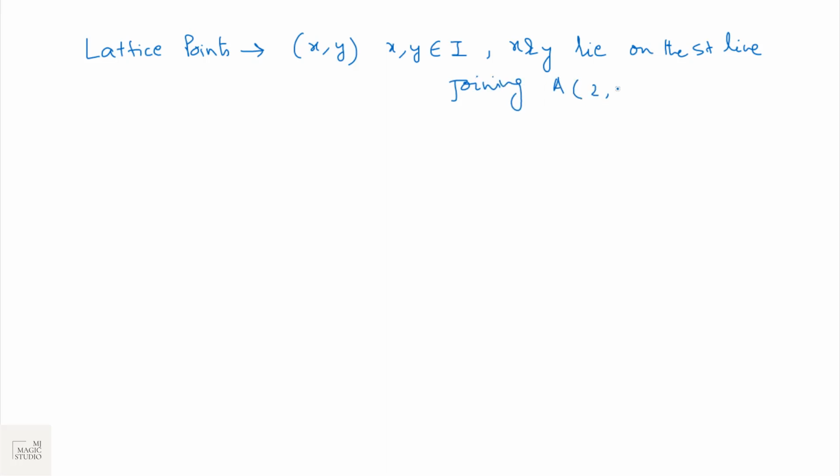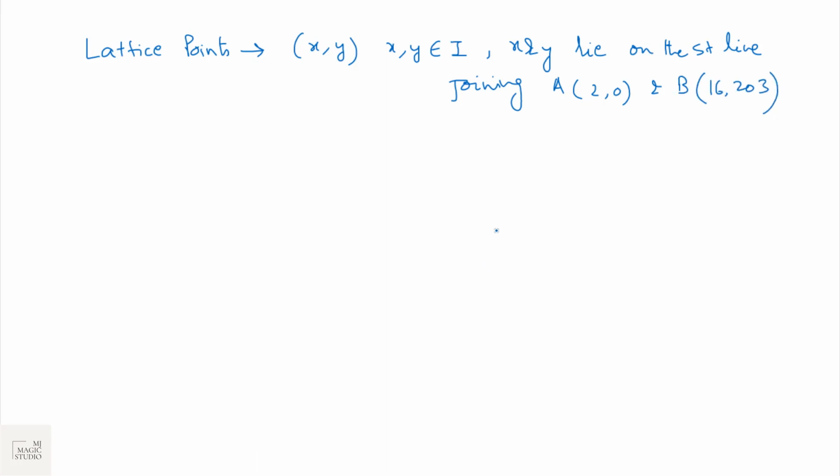We mean we are looking for the points (x, y) between the two given points where both x and y are integers and both lie on the straight line joining our 2 points, which were A (2, 0) and B (16, 203).